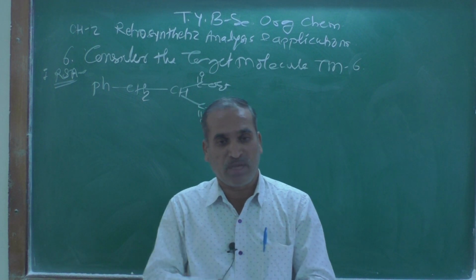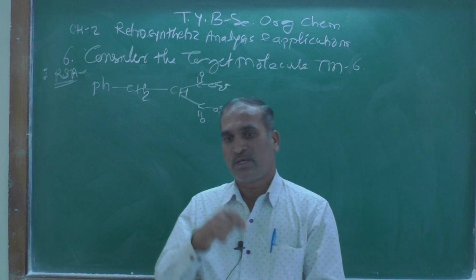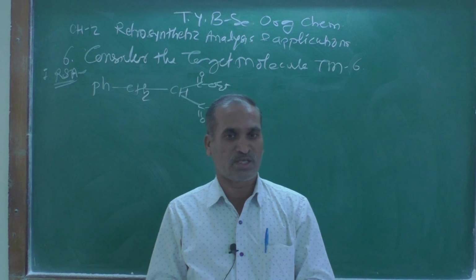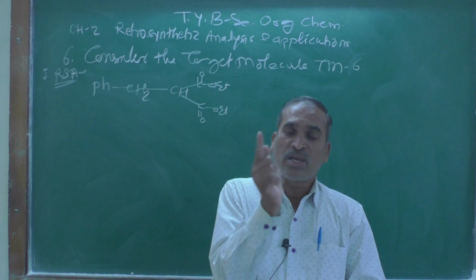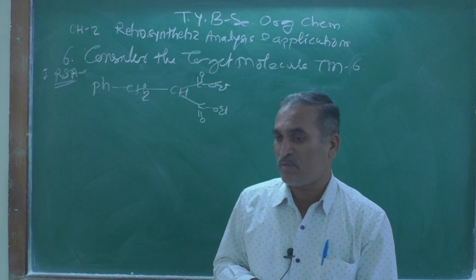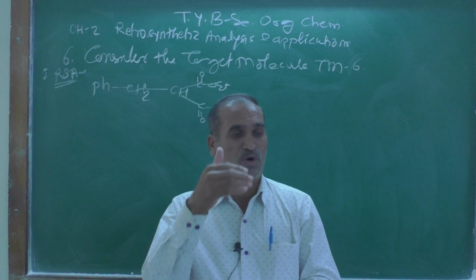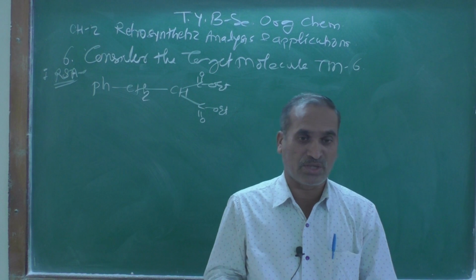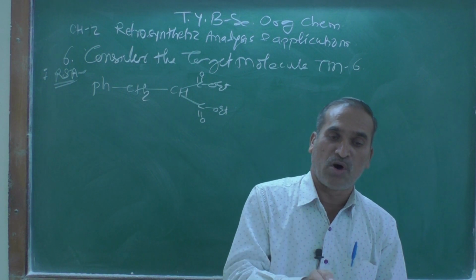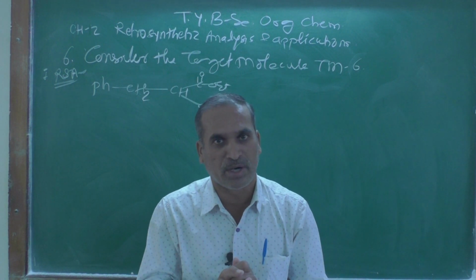That is the meaning of it. And in many cases we write FGI over the disconnection arrow. Disconnection means an analytical operation which breaks a bond and converts a molecule into a convenient starting material.